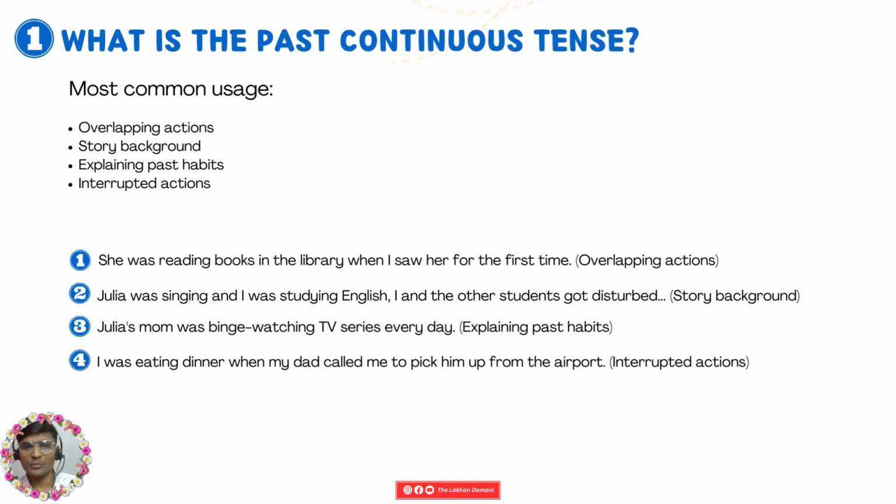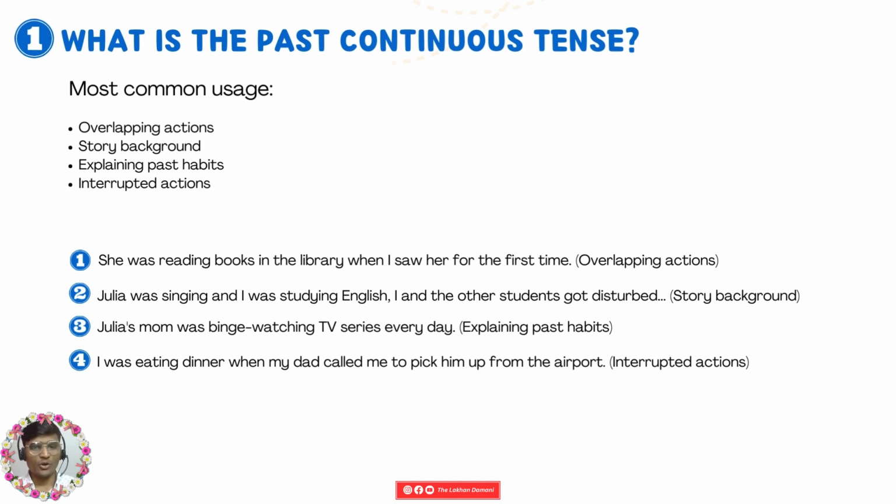If you compare the first and second types, overlapping and story background, you might be confused because I have used the same structure in both. First I use continuous and then past simple. If you are confused, let me try to clarify.